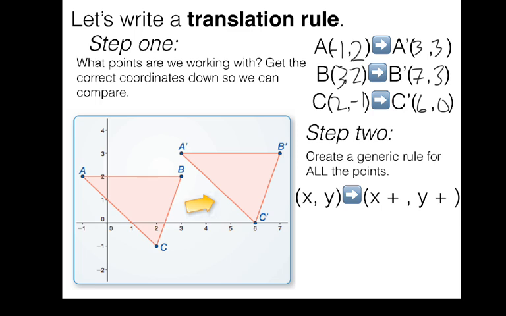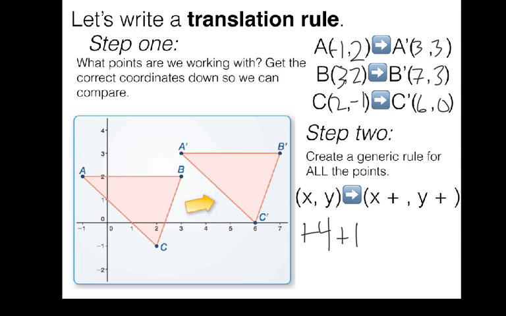In this case, I'm going to look at letter B just because they're all positive and that makes me happy. With letter B, I'm noticing that in order to go from 3 to 7, I'm adding 4. And over on the y side, to get from 2 to 3, I would be adding 1.